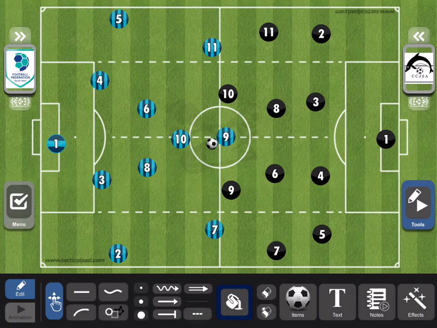So with this formation, there are lots of angles. And if you look on the other side with the black team, I've put them in a 4-4-2 formation. As you can see, there are 3 banks of lines. With the 4-3-3, you have lots and lots of players in between lines, right?